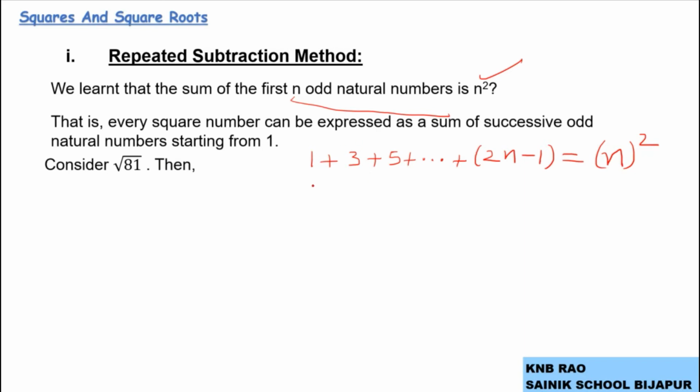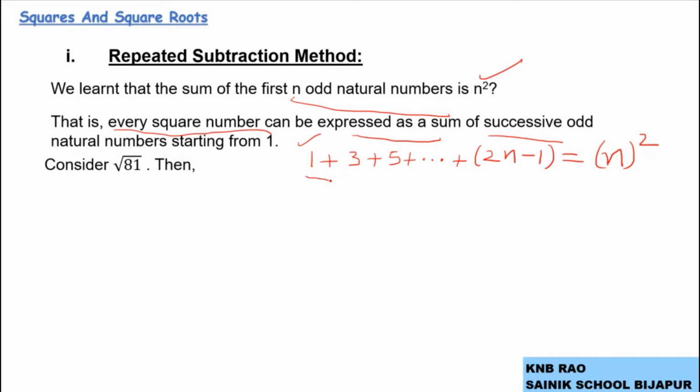Now students, we will make use of this property. While teaching, I said this is going to be a very important expression. We will make use of this property in finding square roots. How? Every square number can be expressed as the sum of successive odd natural numbers starting from 1.